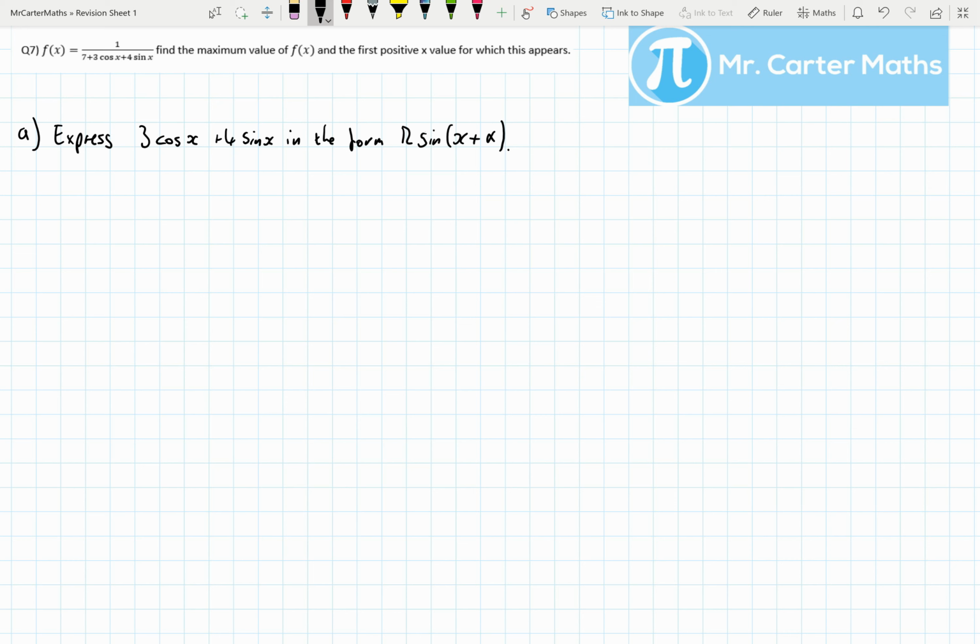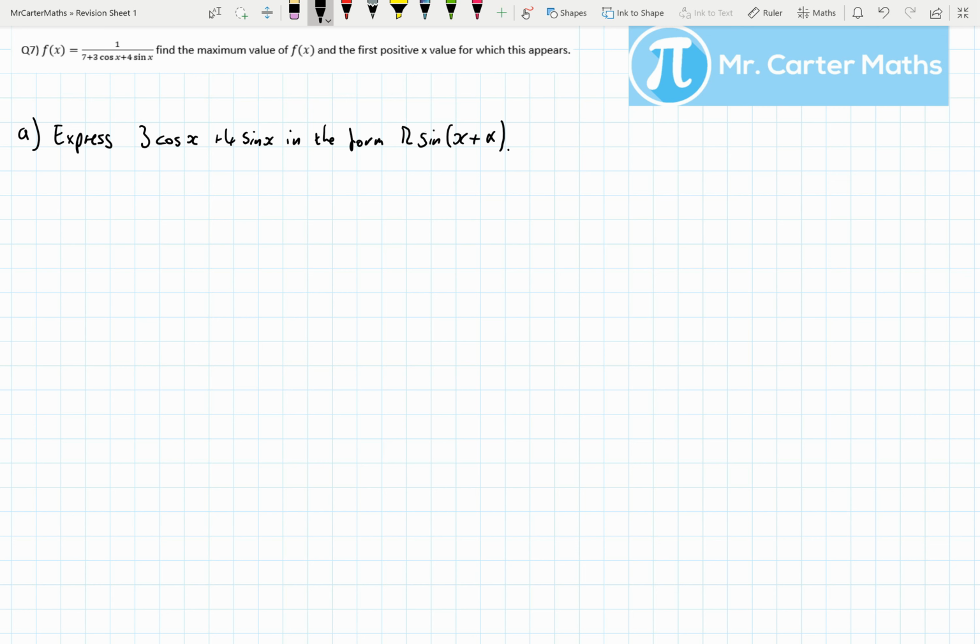But what you can do is just start to question yourself every time you see some sines and cosines added together. Would harmonic form be helpful, and why would it be helpful? Now in this question, straight away I'm thinking it'd be helpful because if I only had one piece of trig there, and I could think about the behavior of that piece of trig, as in what's its biggest value, what's its smallest value, I'd be able to think about the whole function by thinking about that one bit of trig.